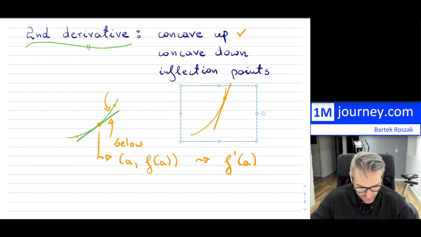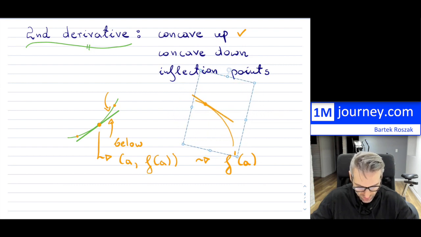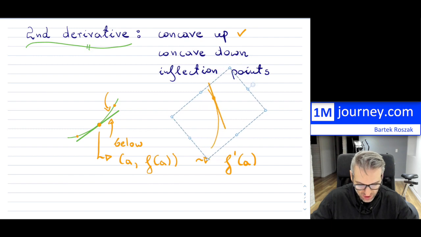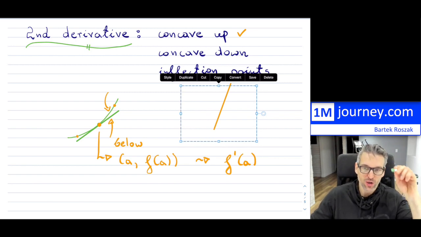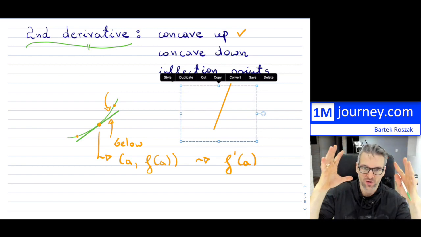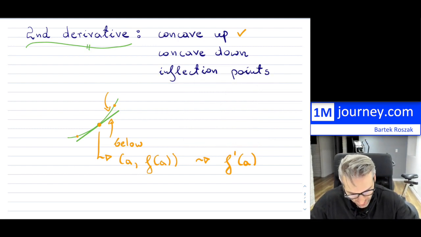If you rotate counterclockwise, it's going to look like it's above. So we are always rotating this clockwise. In your mind, you can visualize it in that sense. So that is concave up.